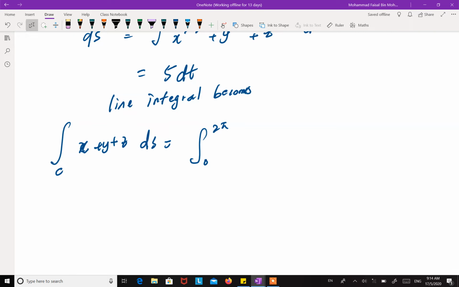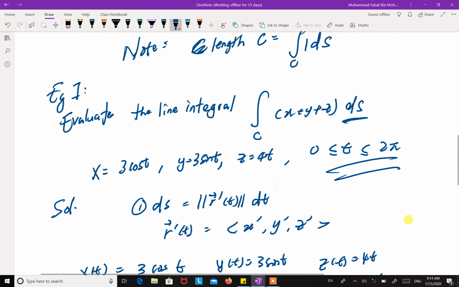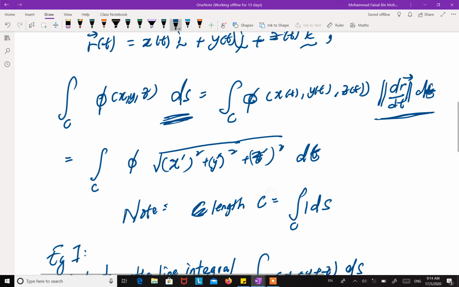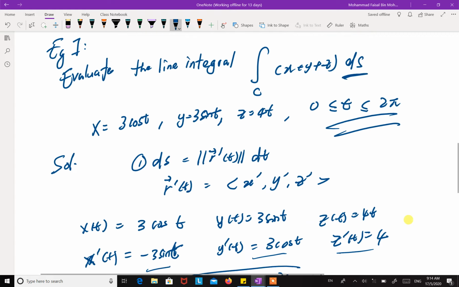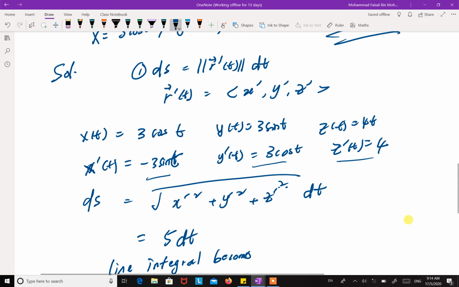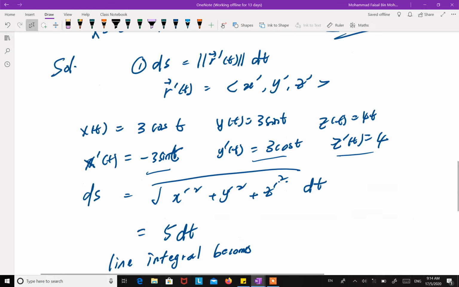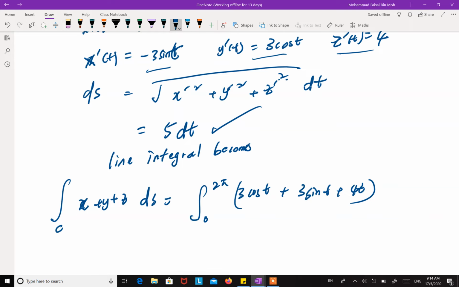Your x(t), y(t) and z(t) is 3 cos t plus 3 sin t plus 4t, and then your ds will be 5 dt.